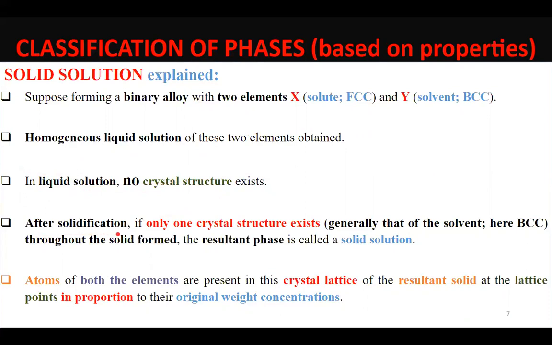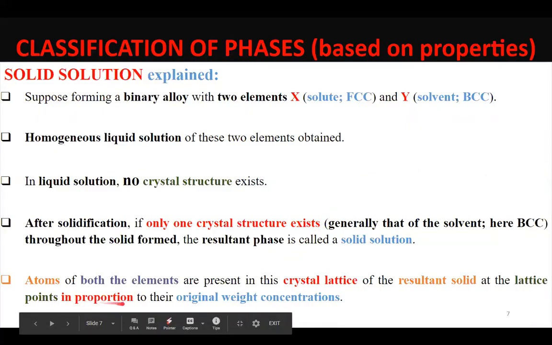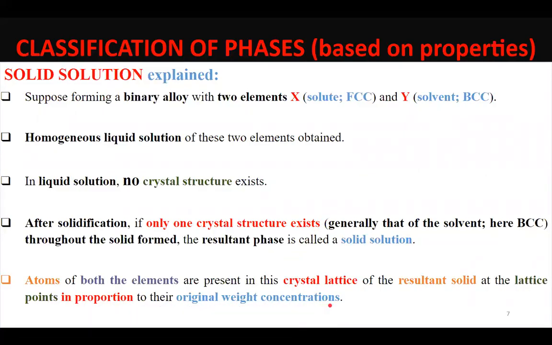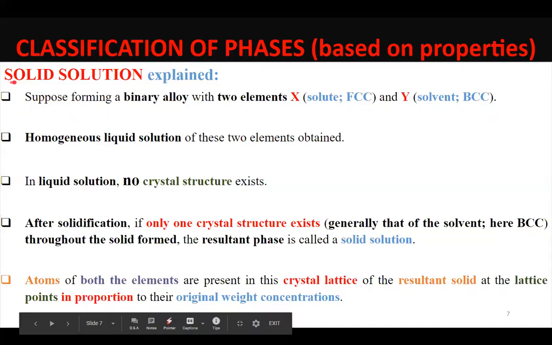Now after solidification, if throughout the solid that has got formed there is only one crystal structure existing, and that crystal structure is that of the solvent, that is BCC, and in that BCC crystal structure unit cell, atoms of both these constituent elements X and Y are existing, and are existing in proportion to their original weight concentrations that we had taken, the solid that has got formed is a solid solution.